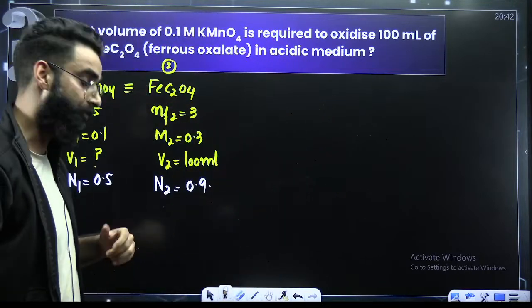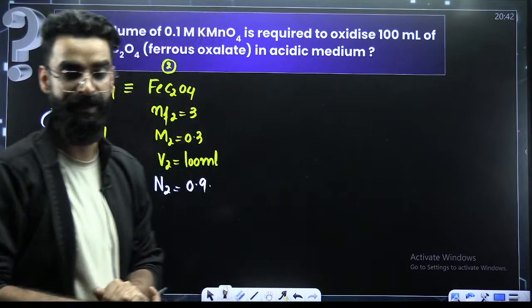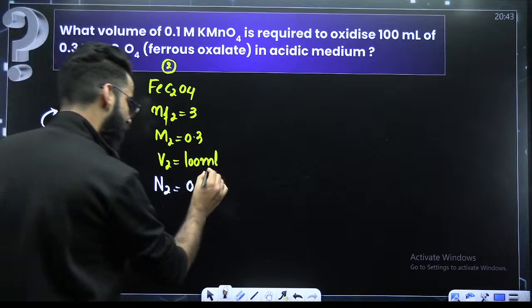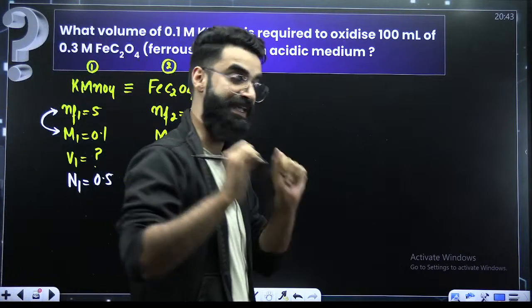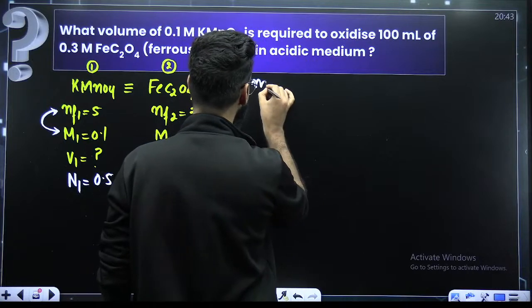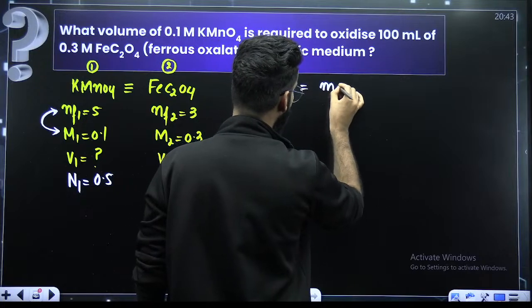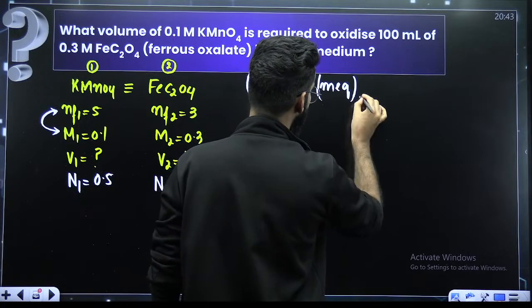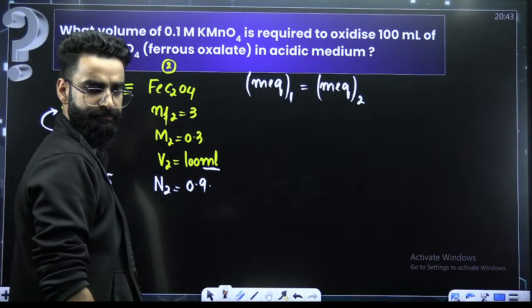Should I write the statement in terms of gram equivalence or milli equivalence? Since volume is given in ml, and when volume is in ml, we use the term milli equivalence, I'll directly say milli equivalence of KMnO4 reacted has to be equal to the milli equivalence of ferrous oxalate reacted. Their milli equivalents are supposed to be same.